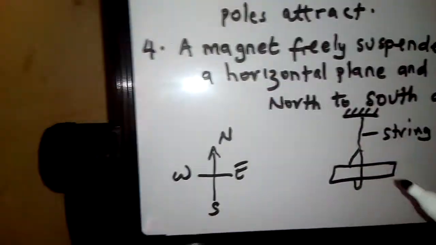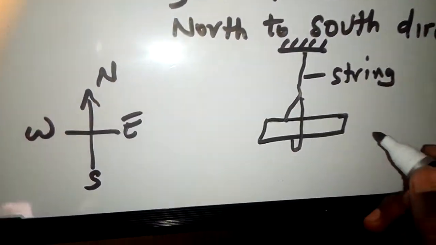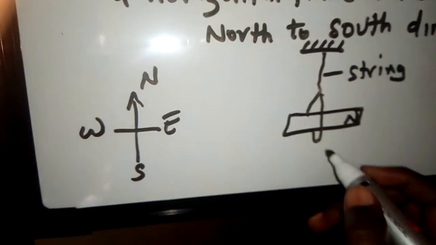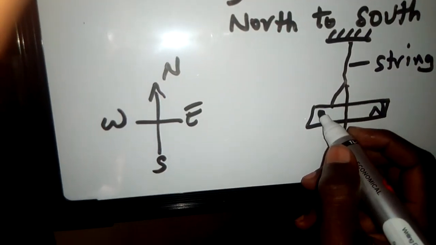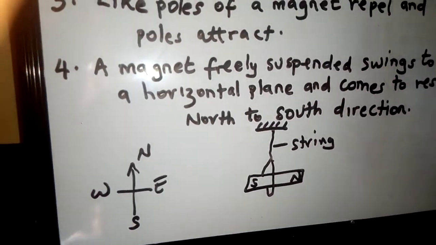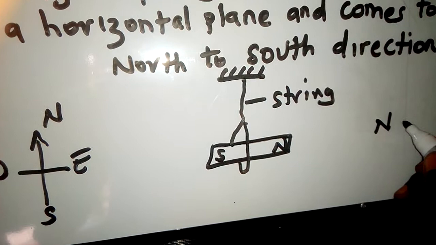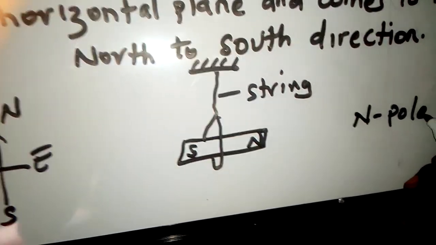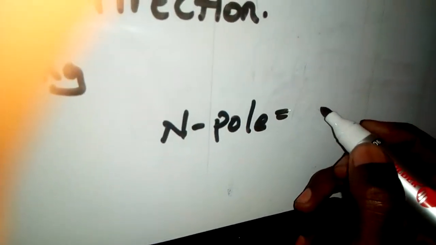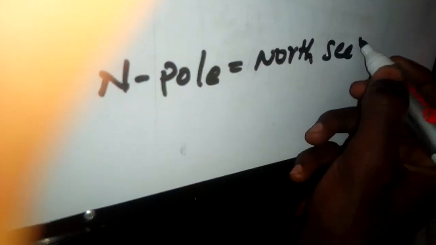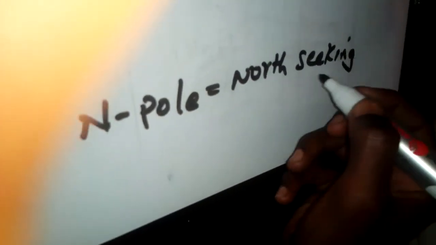So when this thing stops swinging, one side will be facing north and one side will be facing what? South. Now, the pole which will be facing north is also the north pole, and the pole which will be facing south will also be called the south pole. You can call it north pole, or you call it the north seeking pole.